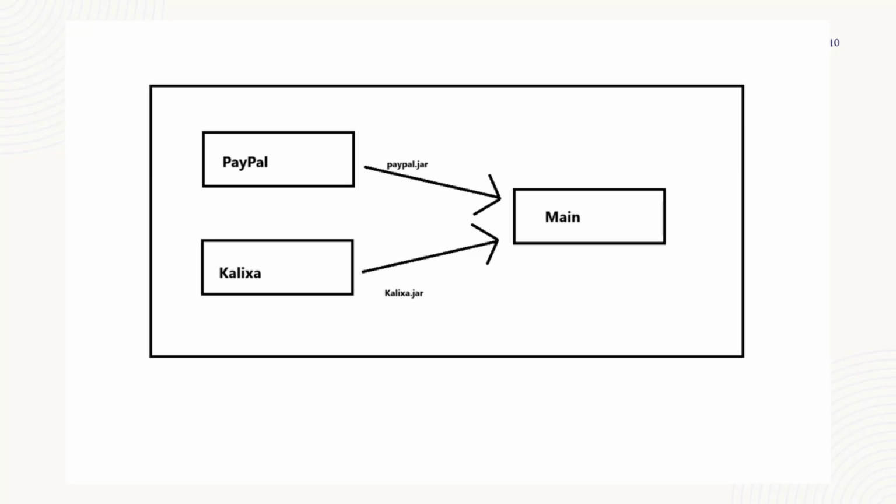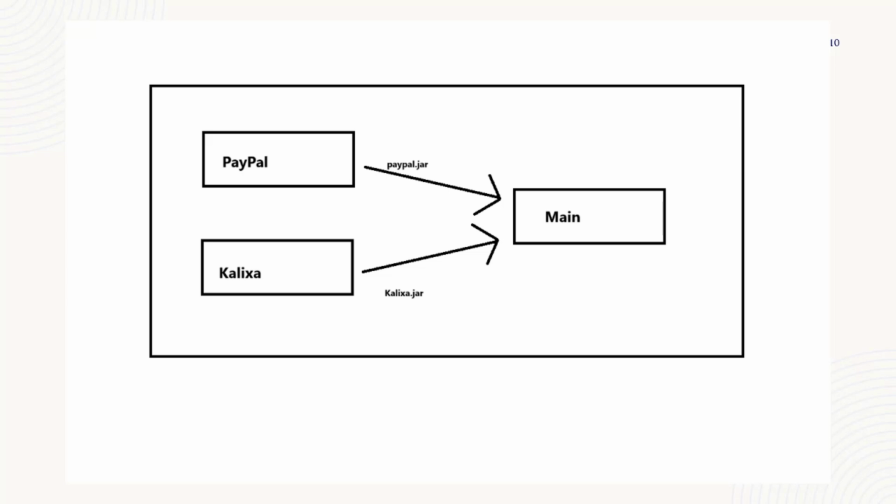Each jar file handles its own provider-specific details, such as authentication protocols, data formatting, and error handling, allowing the main module to interact with them in a standardized way without needing to manage the complex details of each provider's API.